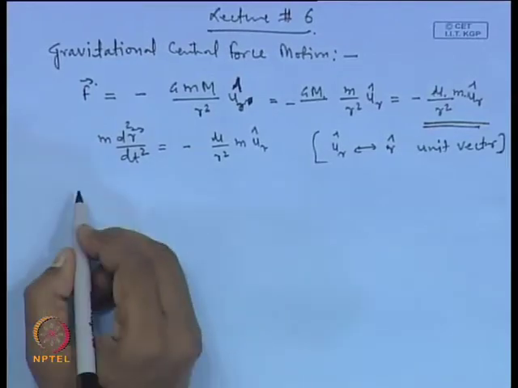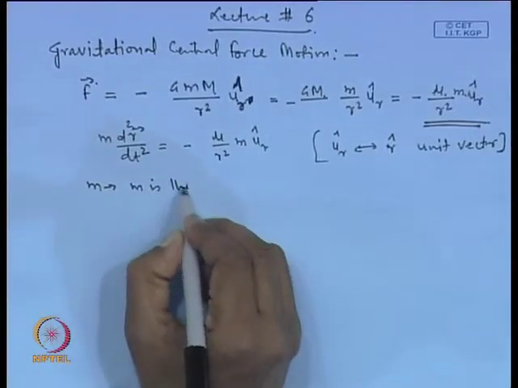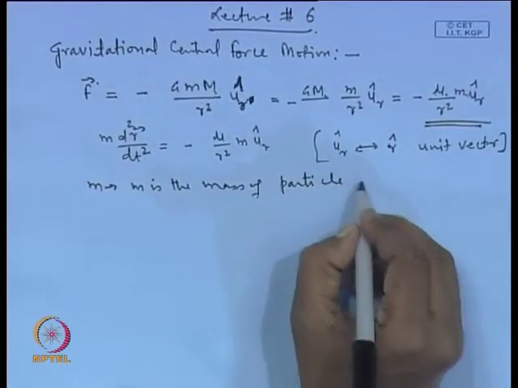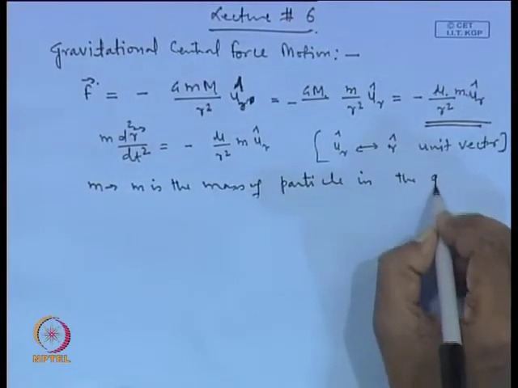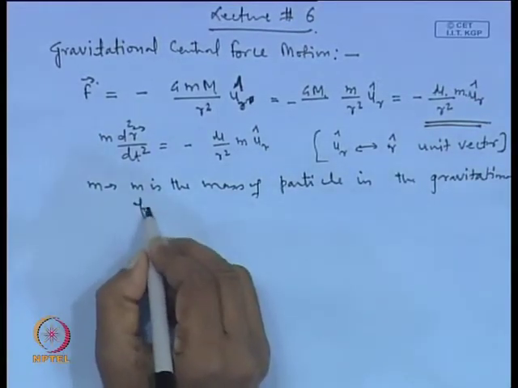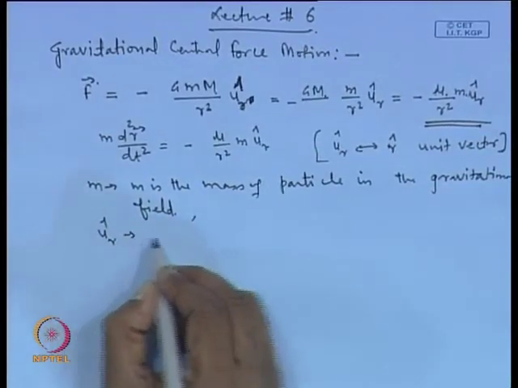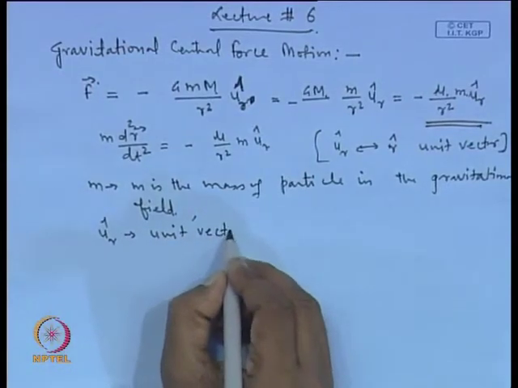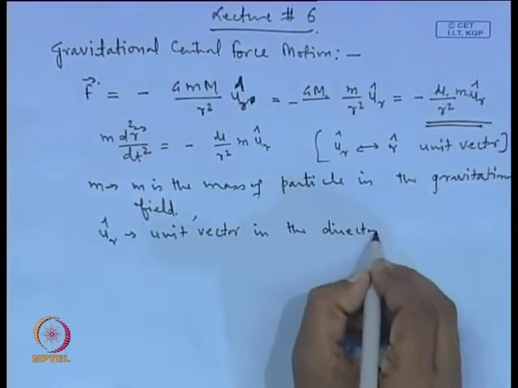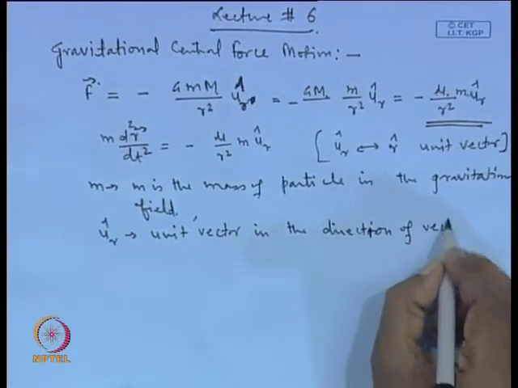Okay. So, here m is the mass of the particle in the gravitational field, and u r cap is the unit vector in the direction of vector r.